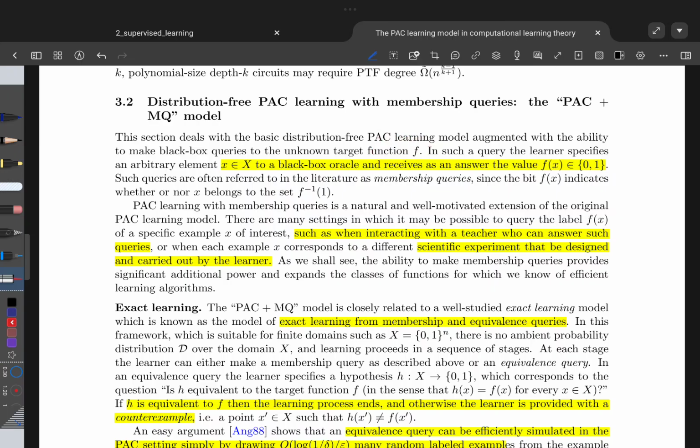What is the value of f of 0,0,0,0,1? And so on. So it's allowed to ask such queries as well. It's sort of the following: you observe n samples, but you're also allowed to interact with a teacher who can answer such particular queries. And asking queries can only improve the performance of the learning algorithm.